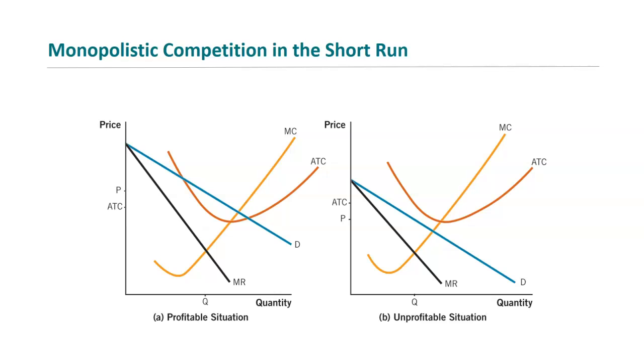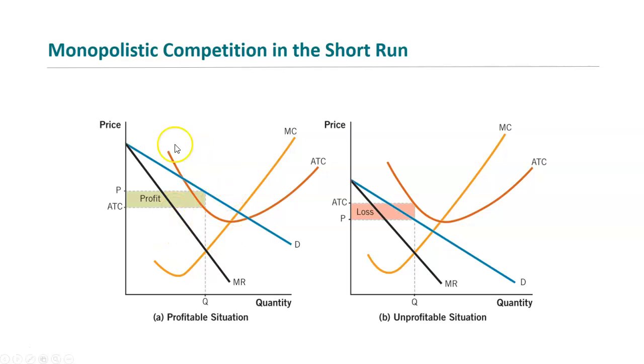Keep in mind, here's what our monopolistically competitive firms look like. Some of them earn positive profit, some of them earn negative profits. What will happen in this market, the one on the left where there's positive profit? Because there's free entry, because it's easy, say we're selling burgers, right?